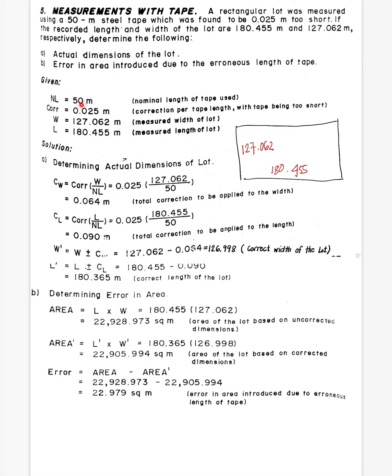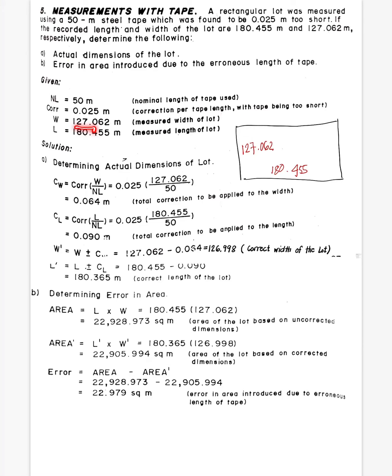So maybe the tape used was not 50 meters. It is only 49.975. Okay, so instead of 50, since erroneous on tape, that is 49.975. Okay, so that's the correction, 0.025.